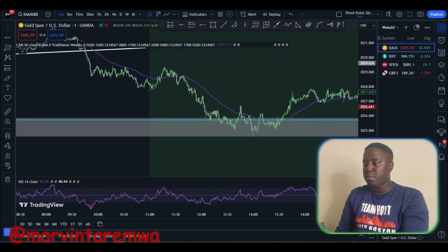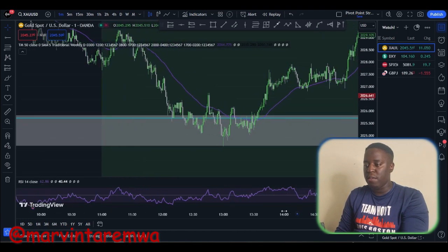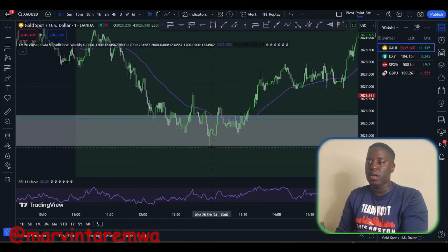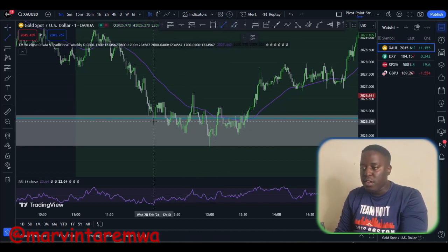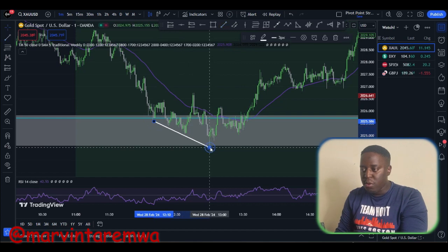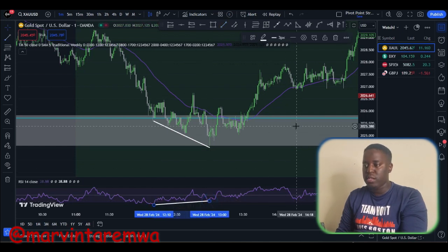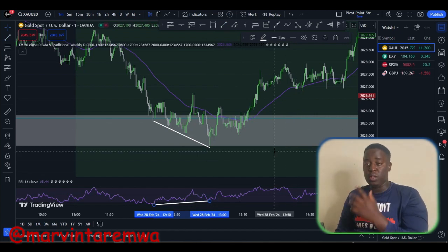So at this point is where I was looking for my divergence, because this is where price had come and reached this support zone. So from this point to this bottom, that's where I saw a divergence, which is from here to this point. That's where my divergence was on the 1 minute.